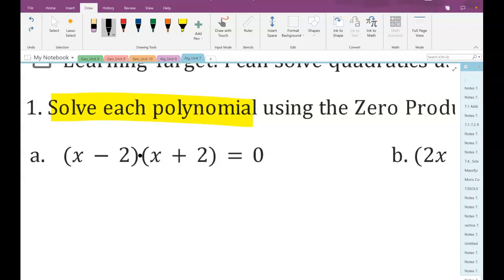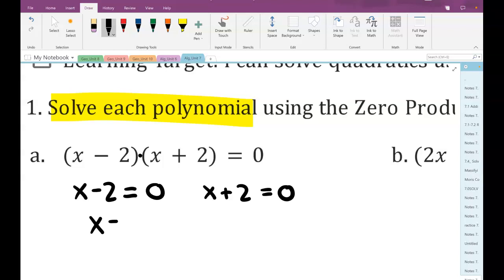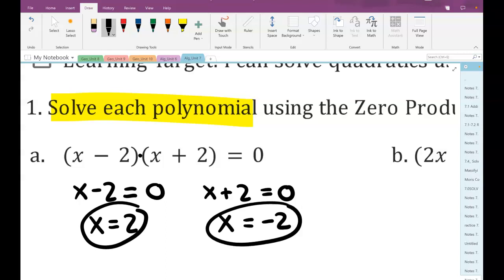One of the parentheses will go to 0. So x minus 2 could be equal to 0, or x plus 2 could equal 0. Then we solved so we could get 2 answers for x. One of our x's could be a positive 2, and one could be a negative 2. Add 2 to one side, subtract 2 from the other.